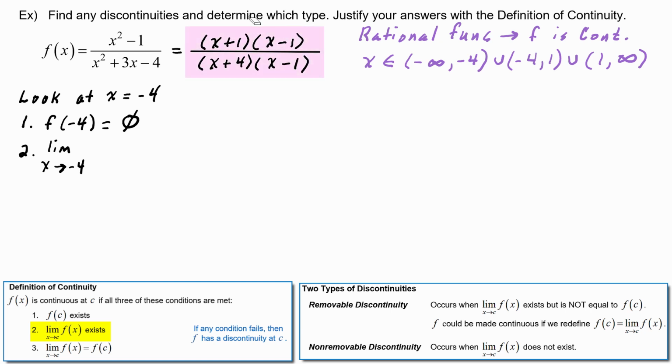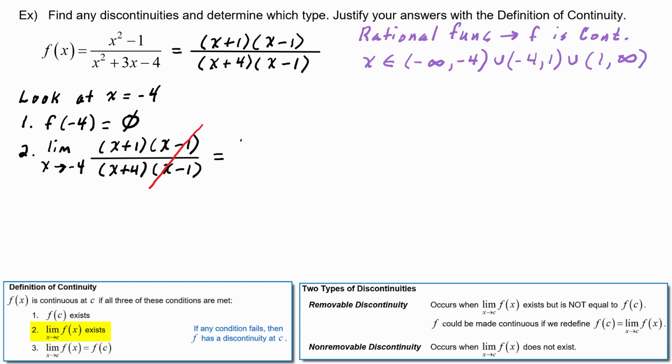And let's go ahead and write the factored form of the function here. We've got x plus 1 times x minus 1 in the numerator over quantity x plus 4 times quantity x minus 1 in the denominator. Now here, within the limit, is where we can cancel out that common factor.